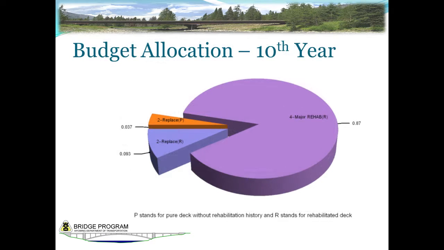This is the last year of budget allocation. There is a big difference between the two scenarios here. At the end of the planning horizon, we still have to spend 100% of our budget for the structurally deficient bridge decks. So we're going to save $35 million, but there is some difference in terms of the health of bridge decks.